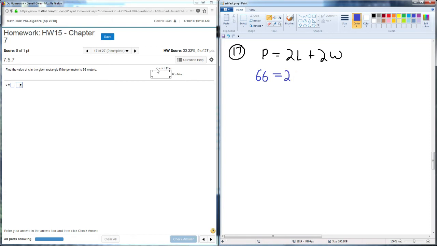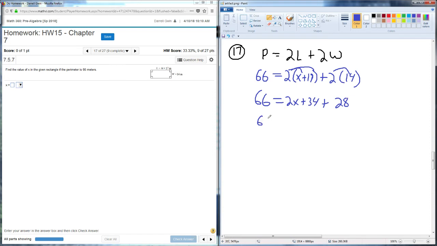The length is x plus 17, it says right there. Plug it in. The width is 14, given in the diagram. 66 equals 2 times x plus 17, plus 2 times 14. 2 times 17 is 34. 2 times 14 is 28.